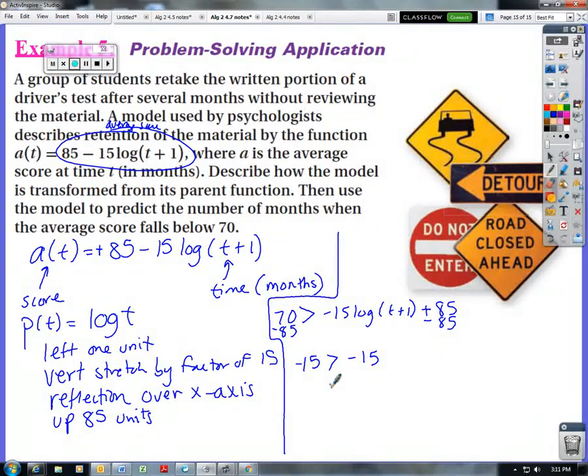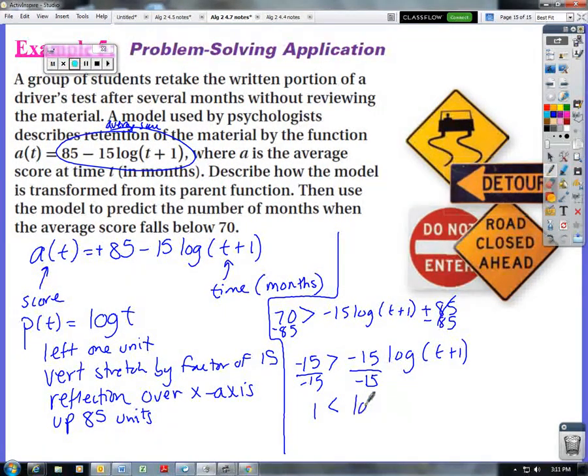Negative 15 is greater than negative 15 log of t plus 1, because that's gone. And then we need to get rid of the negative 15. This is a very nice problem, isn't it? So that's going to be 1 on the left. Oh! Guess what? I just divided by a negative. Do you remember what happens when you divide both sides by a negative and you have one of these symbols? You have to flip that thing. That's something from way back in Algebra 1.